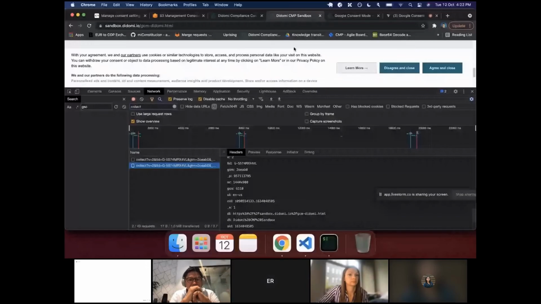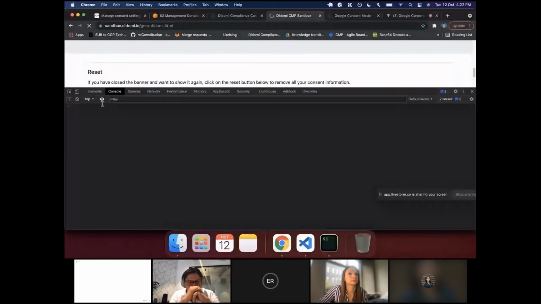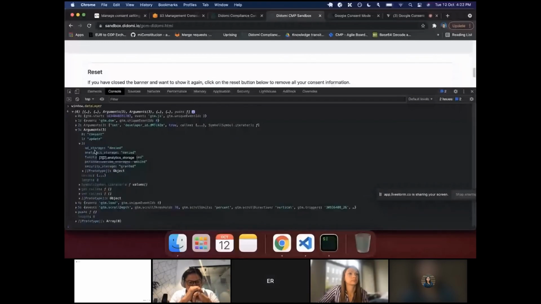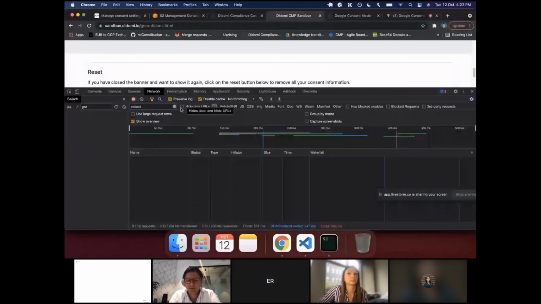So in order to test that, let's say that we disagree and close. That would be disagree to all and close. One more run here. Let me see what's going on with the data layer. We're sending an update event, which is telling Google Consent Mode, okay, those two consent types should be denied. And the same should be going on here in terms of the pings that are being sent to Google Analytics.